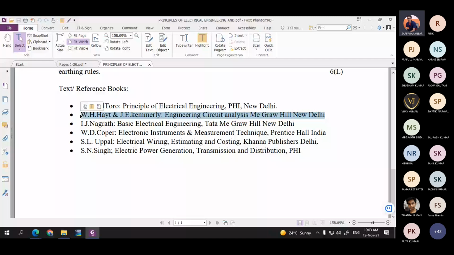This Hayt book is the most standard book. If you want to learn in more depth, then you go for the first book. But you need time and patience to understand from this book. This book will also be very useful for you.